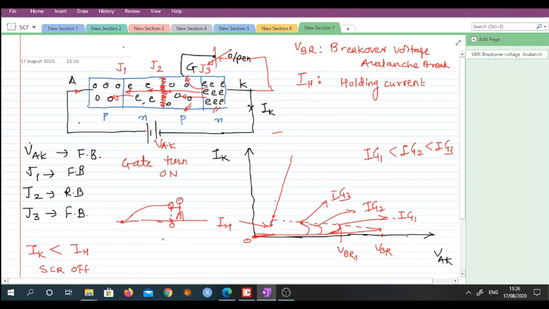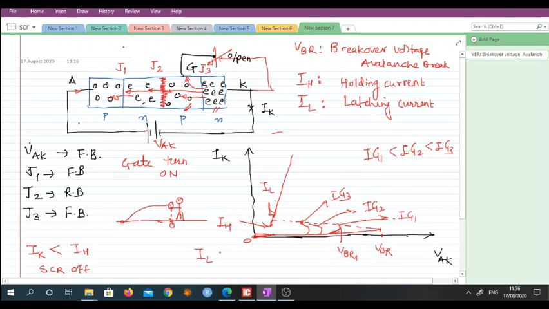And in order to ensure that the device will remain permanently in the on state, there is one more important specification that I have to look at, and this is called IL, which is known as the latching current. So the latching current is the minimum value of the current which ensures that the device is in the on state. Somewhere here in this line, this value of current is known as IL.